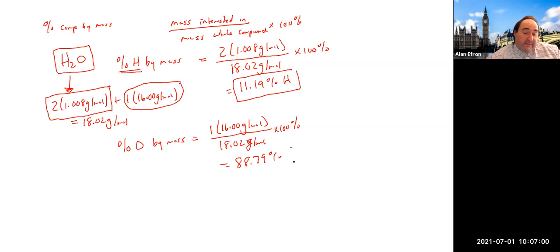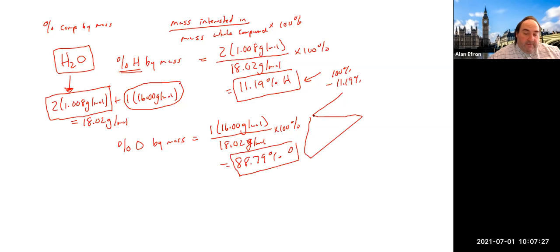Now, what that tells us is by mass, water is made up mostly of oxygen, right? It's about 89%, and about 11% is hydrogen by mass. Now, because water only contains hydrogen and oxygen, we could have also just taken 100% minus 11.19% and ended up with our other percentage there.